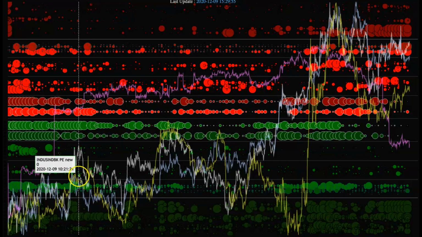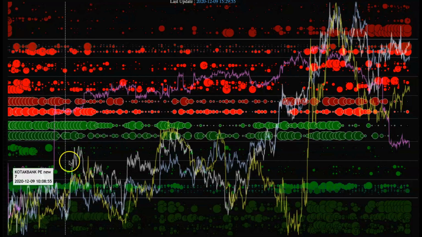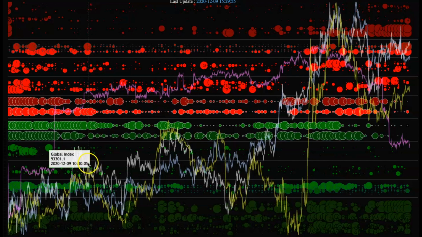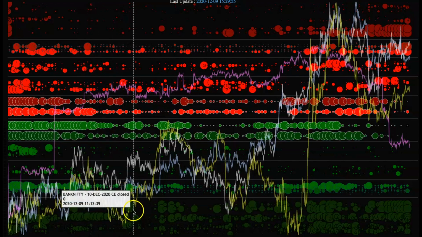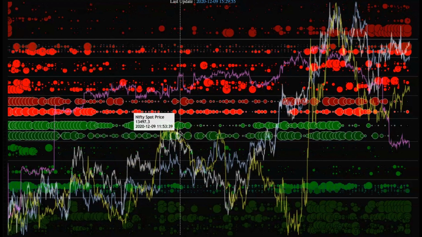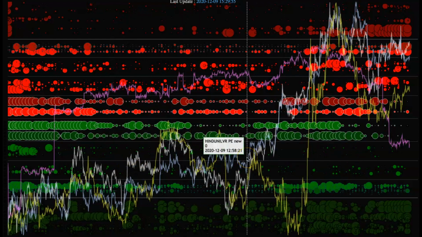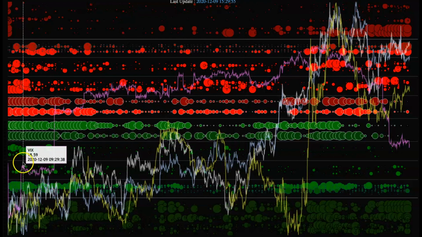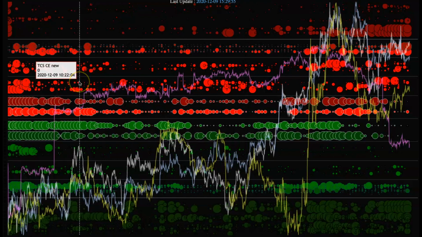On this day, most of the time when the global is going up, our market is going up, and when the global is falling down, our market is also falling down. So this day is in proper sync with our market. During these days, you can follow the global, but sometimes it won't follow our market. During those days, please avoid looking at the global yellow color line.